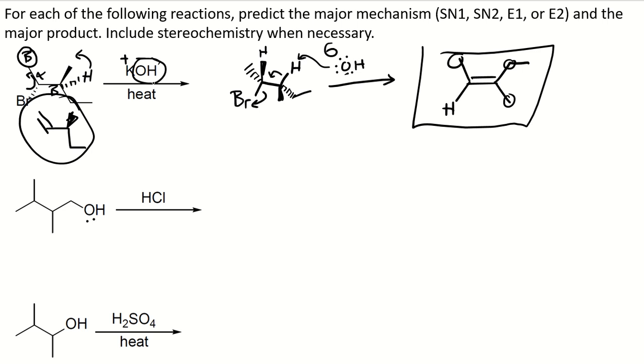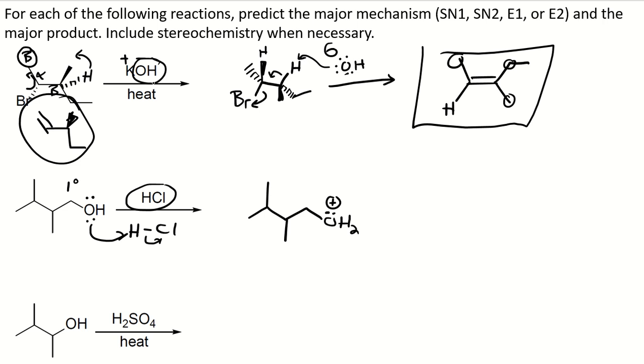In the next example, we have a primary alcohol. The alcohol is not a good leaving group, so we have to make it a leaving group, and that's why they add HCl. The HCl is going to protonate that alcohol, making the leaving group water.